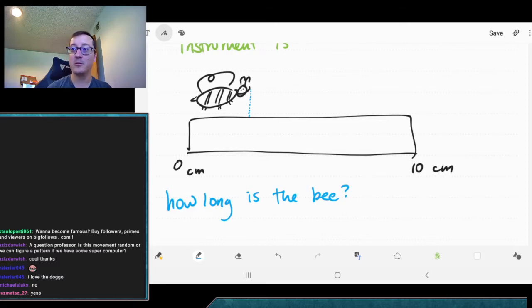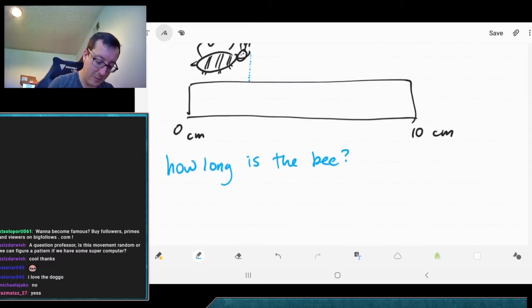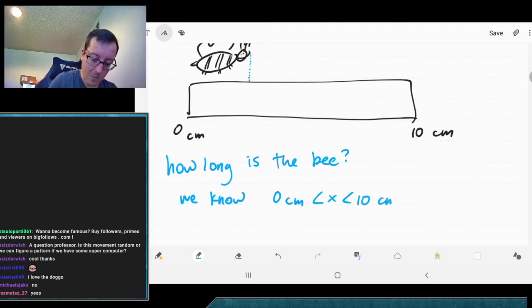So we only know one thing for sure. And that is, we know that this bee's length is somewhere between 0 and 10. That's as far as we know.